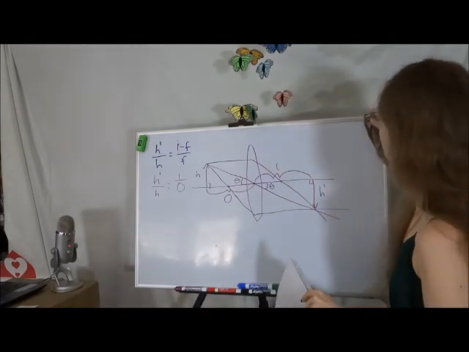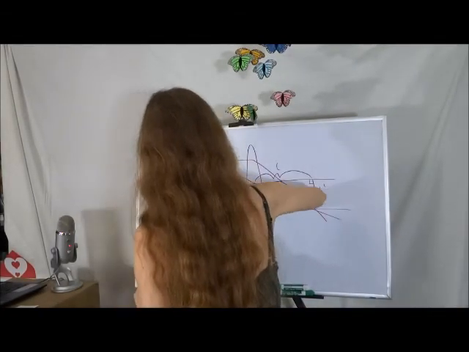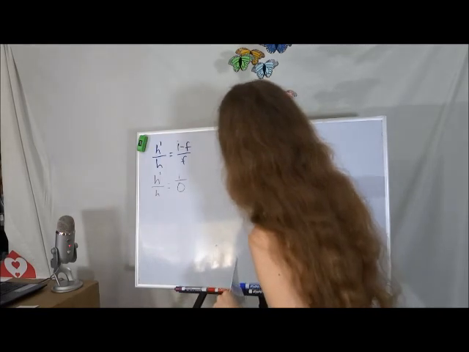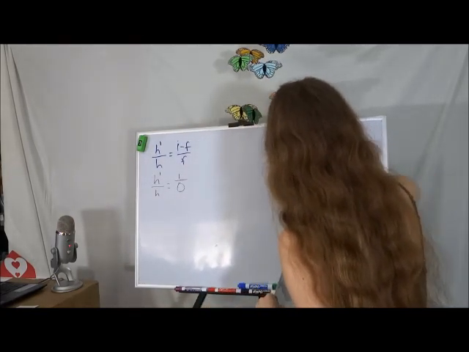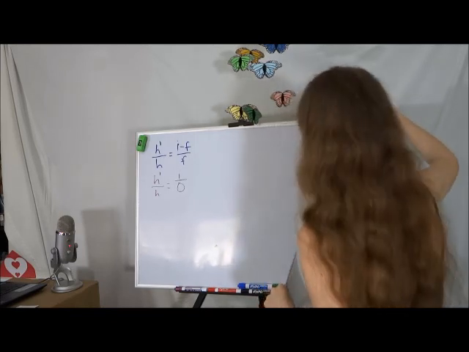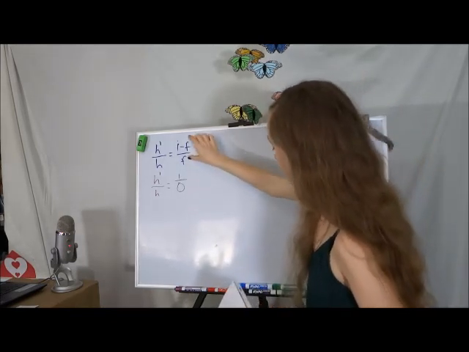Alright, so from here we're just going to do a little bit of algebra real quickly. And so I'm just going to take these two equations and set them equal to each other.